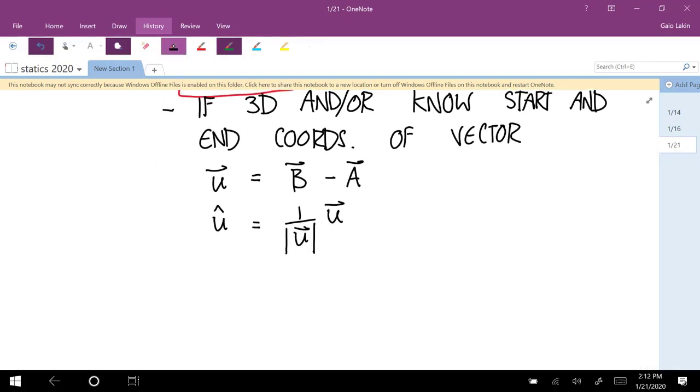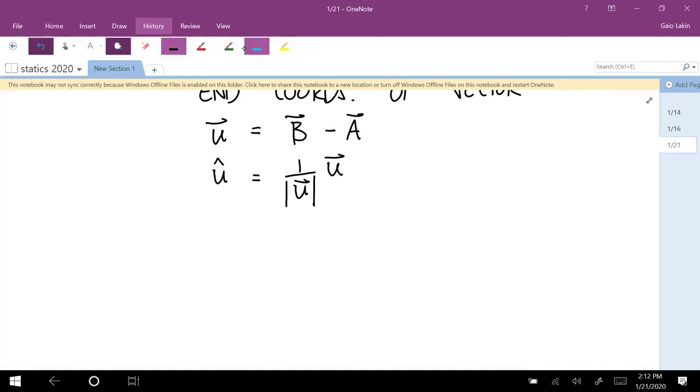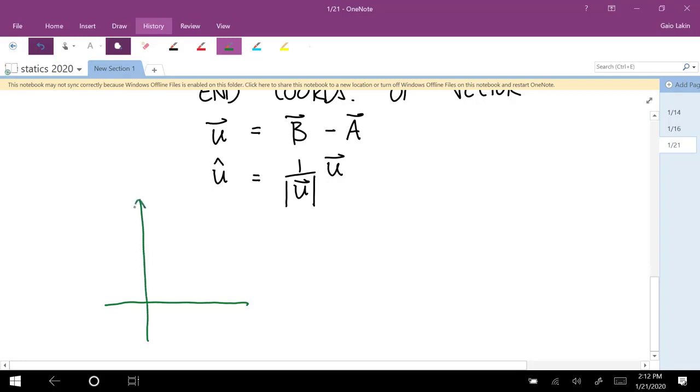And so now the way we're going to think about it is, here's our coordinate system. Our force vector is in this direction. And this angle is 45 degrees.